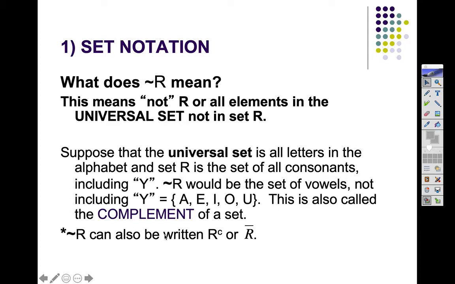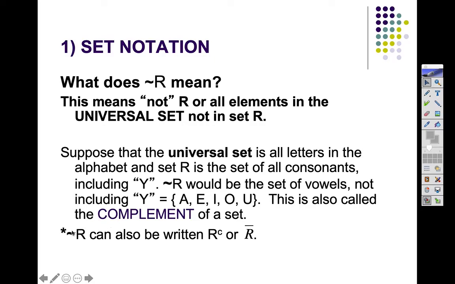Not something is called the complement of the set. You need to have this universal set so you know what everything is. That way, if someone said what's not R, you know it's the rest. In math, the way of saying what's the rest of everything, what's not included, what's opposite, is called the complement.